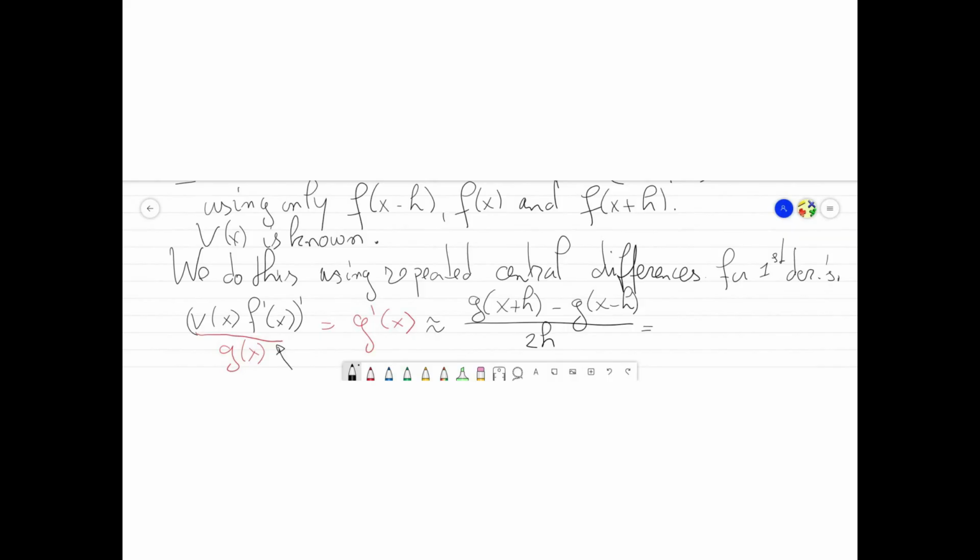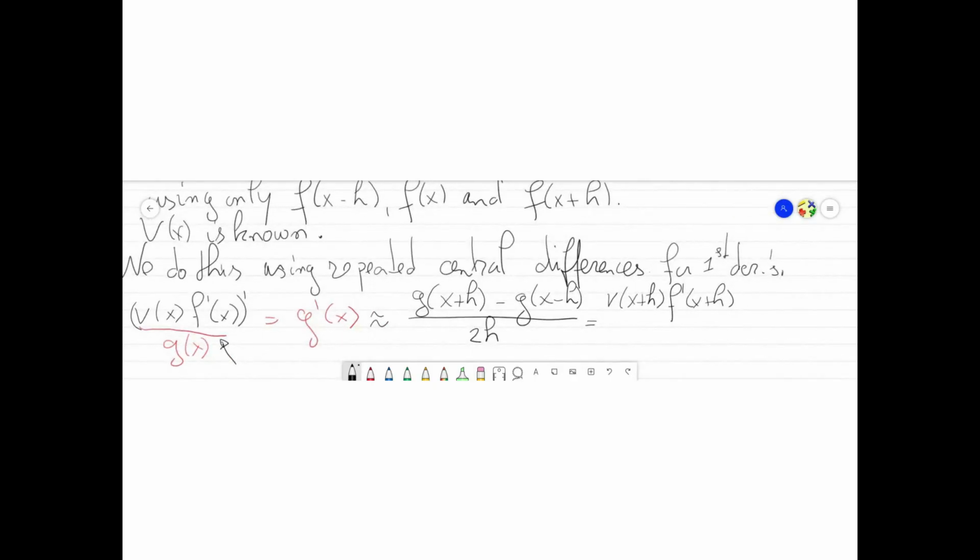So I get v at x plus h times f prime at x plus h, I need more space, minus v at x minus h times f prime at x minus h. And then everything is divided by 2h.